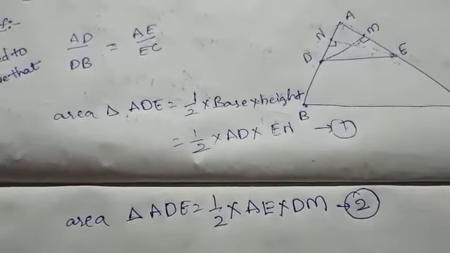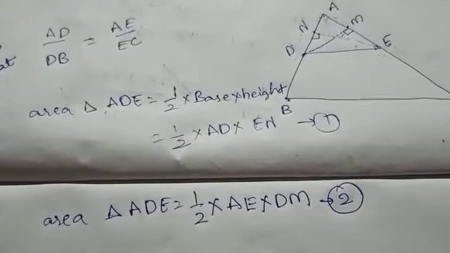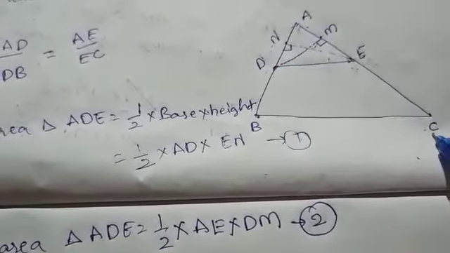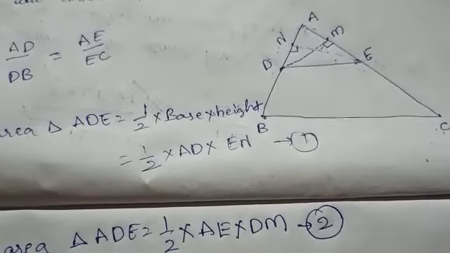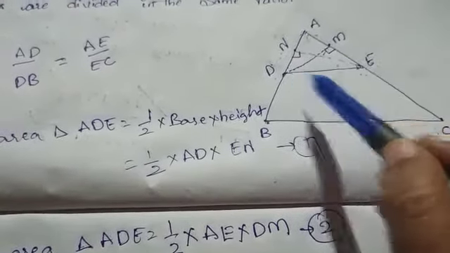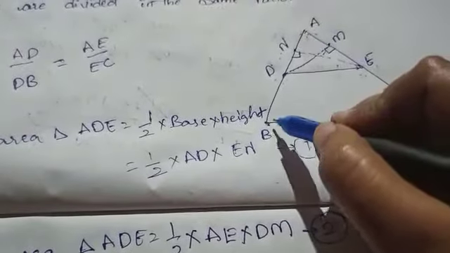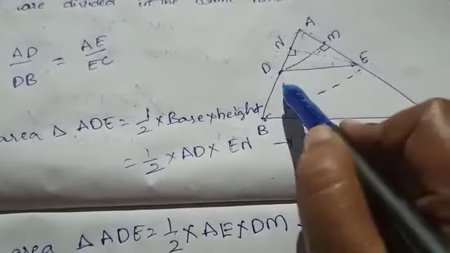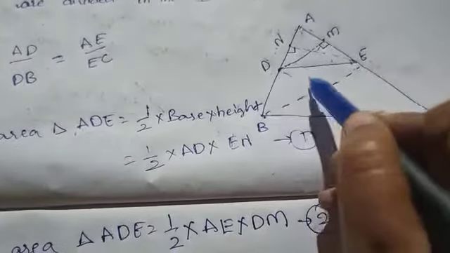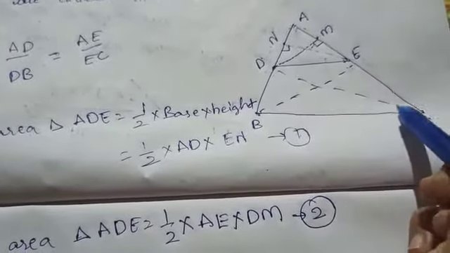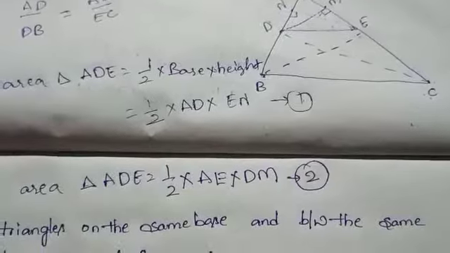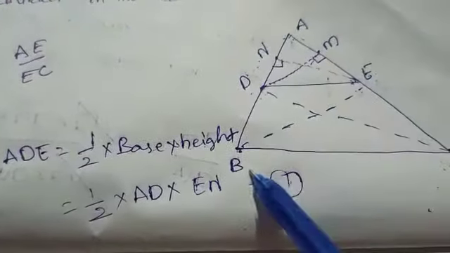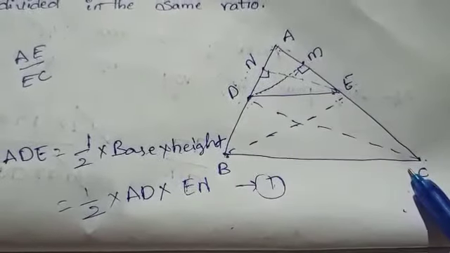Okay, see here DE is parallel to BC. Okay, let us join BE and CD. BE and CD. Here DE is parallel to BC.